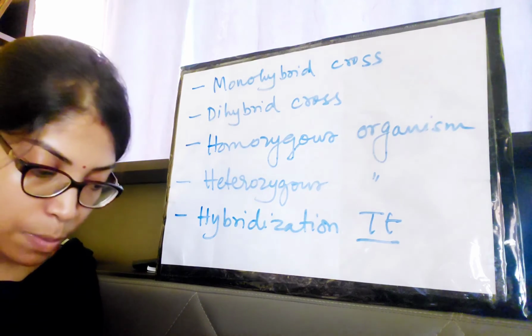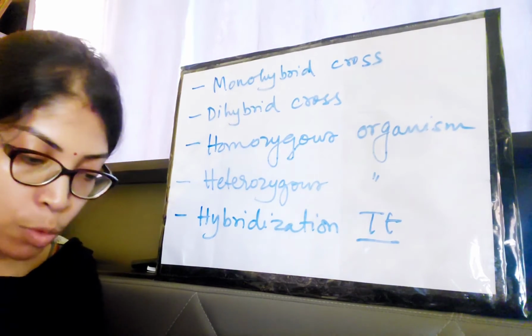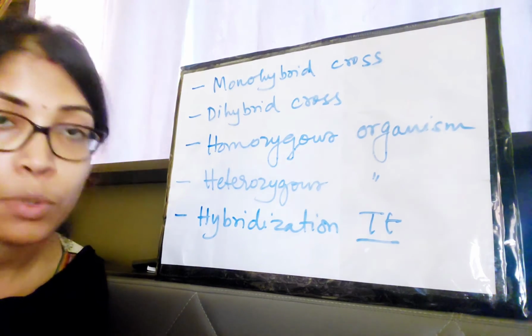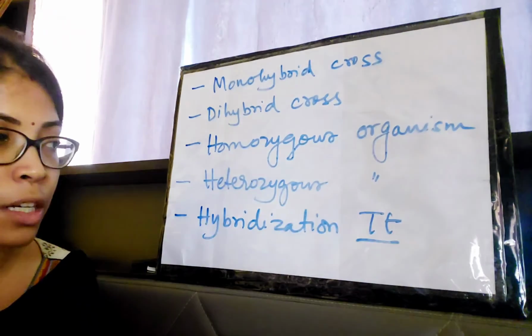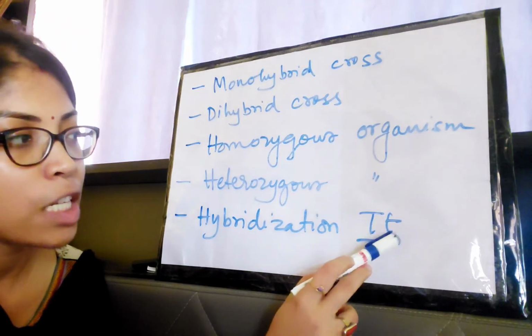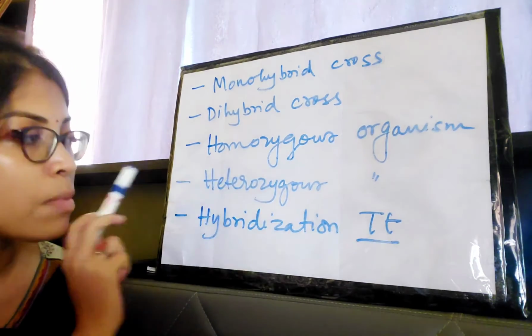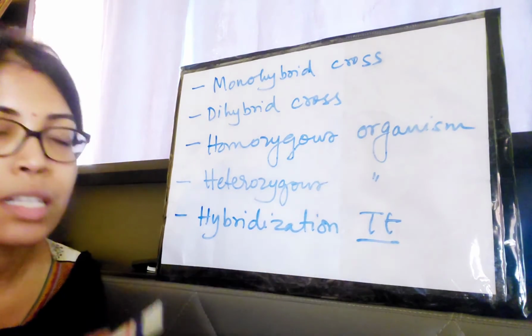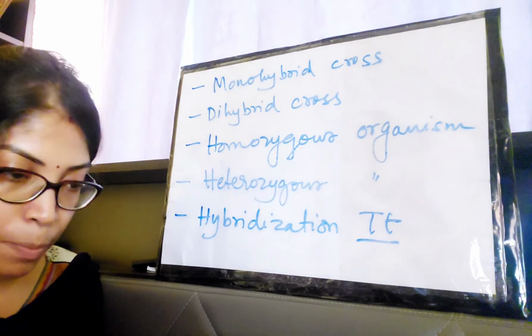They may be of the same species or of different species. Example, in Mendel's monohybrid cross, there was crossbreeding or cross pollination between pure tall and pure dwarf pea plant, and that is how we got this hybrid tall pea plant. Okay, so capital T and small t, since it is a heterozygous organism, that means hybridization has taken place. This process is known as hybridization, and it will be called a hybrid organism.